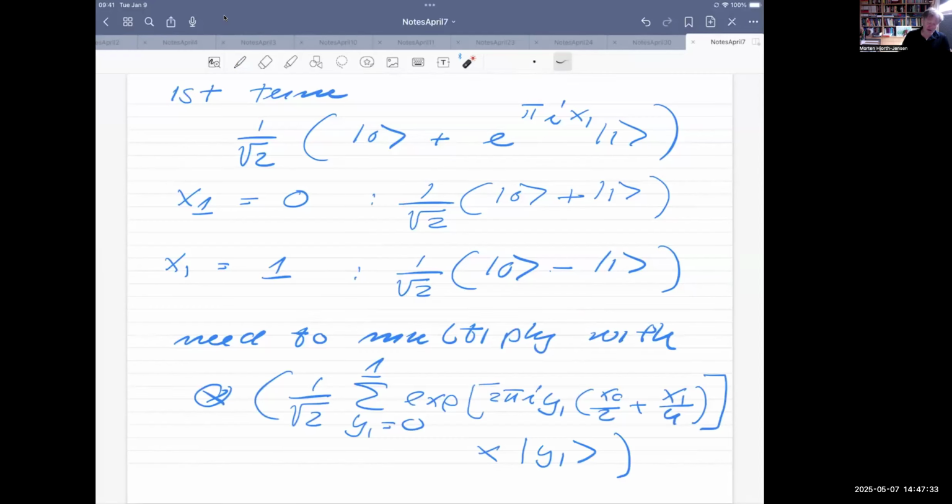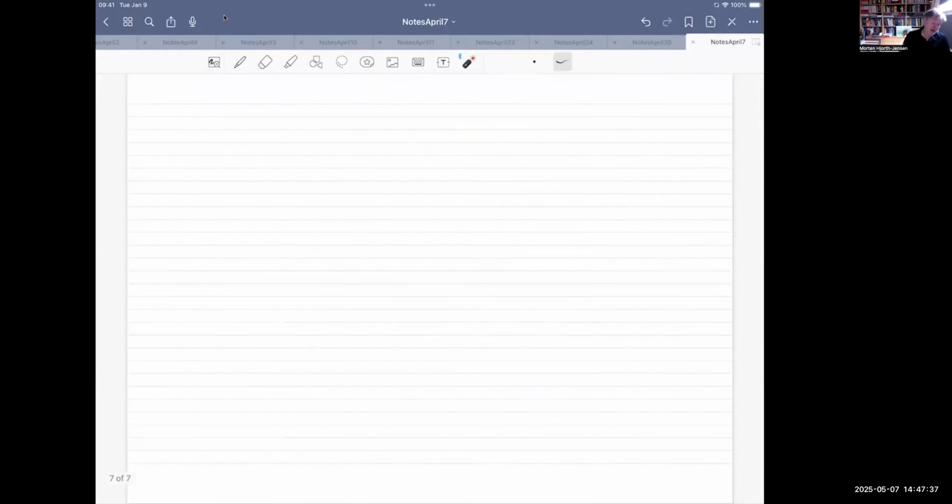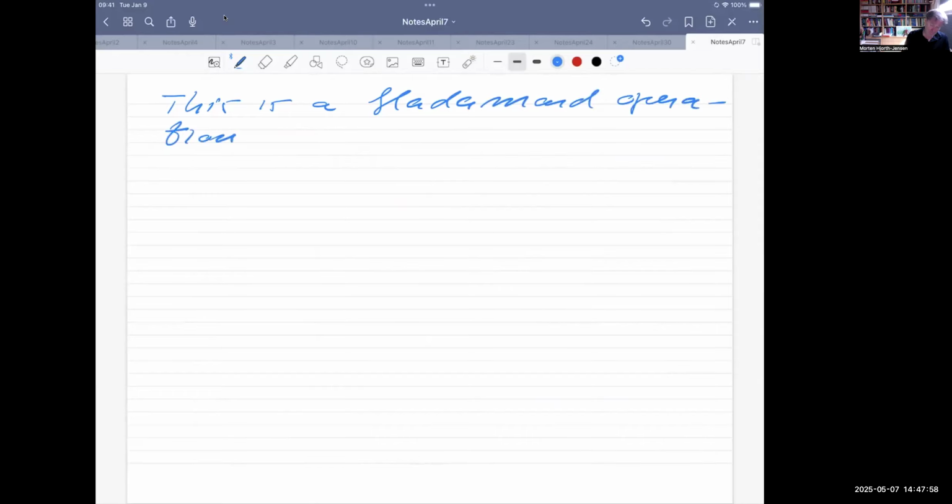So that specific operation which we see here is something which we can encode, since we have 2 qubits. So this is nothing but a Hadamard operation on the first qubit.